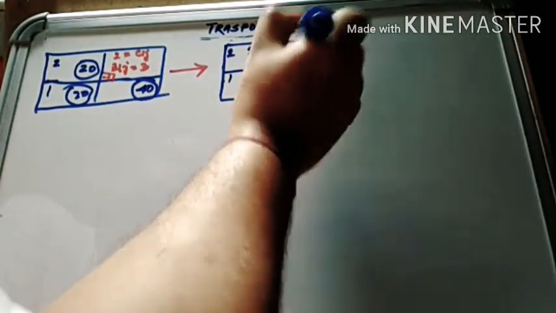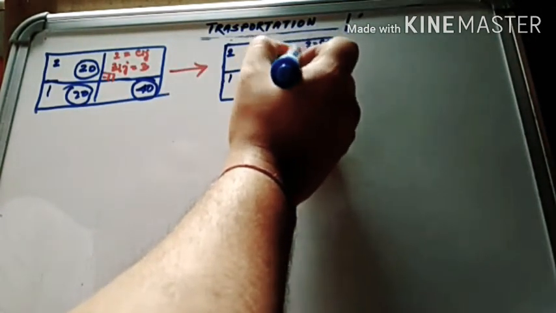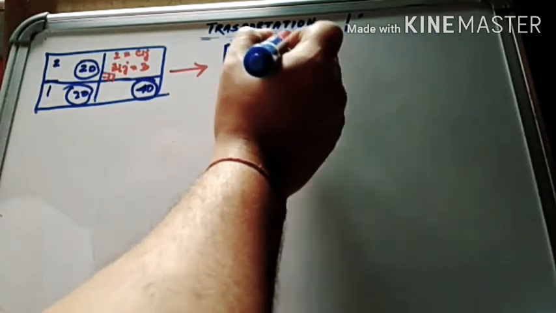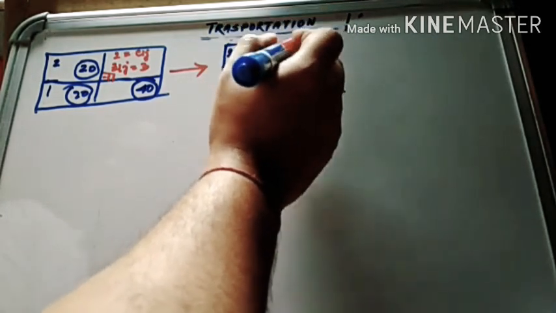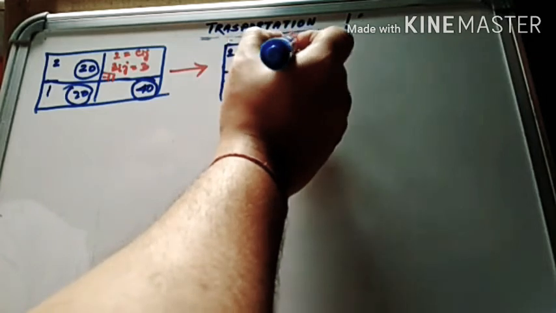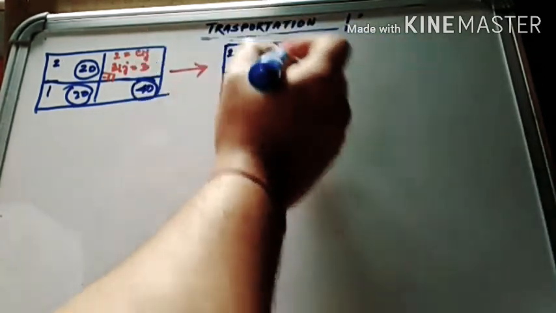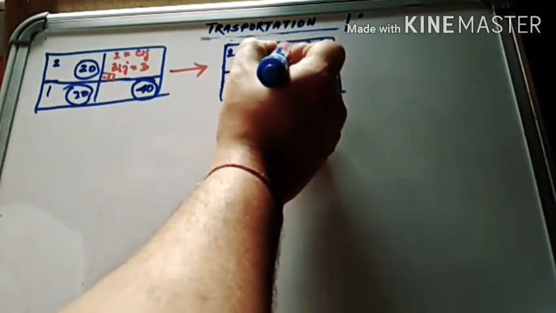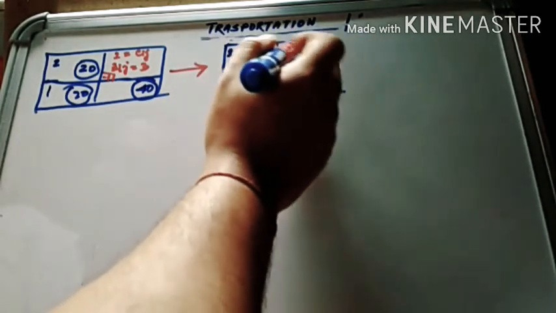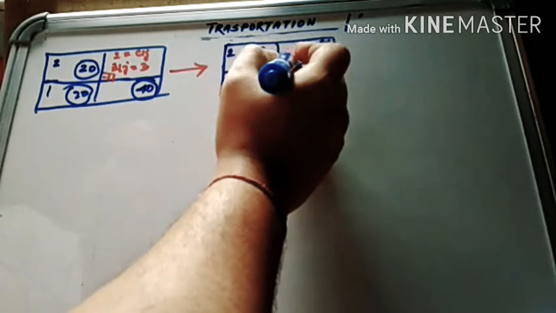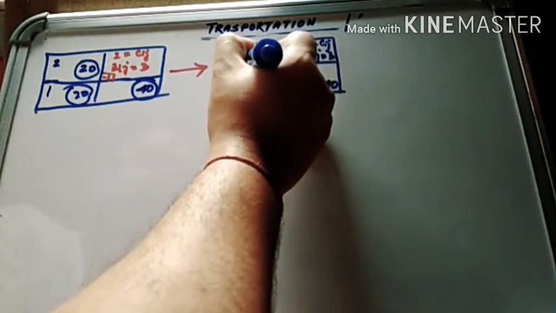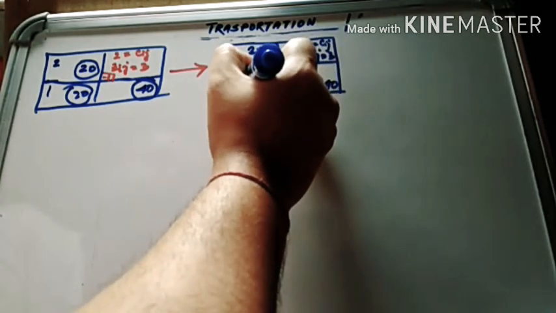In order to construct the loop, you have to draw horizontal or vertical lines, and you have to keep in mind that you have to touch every allocated cell. These are all the allocated cells.